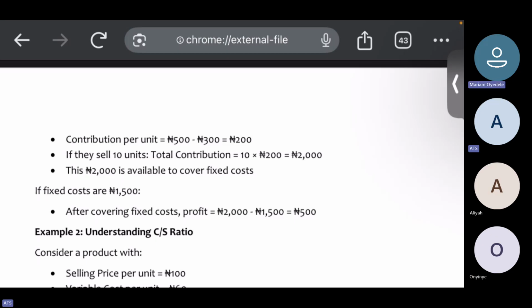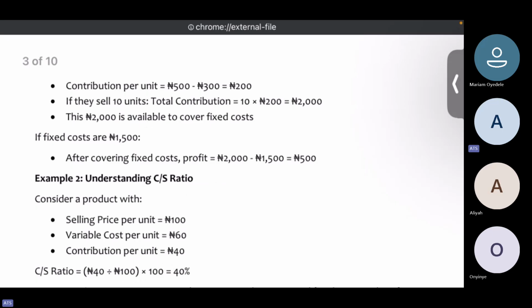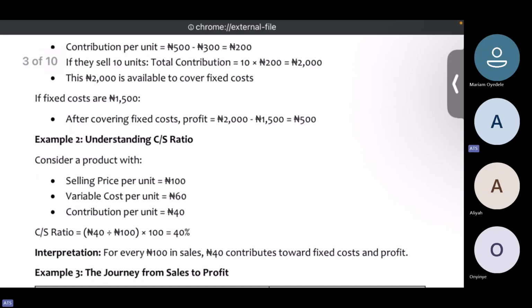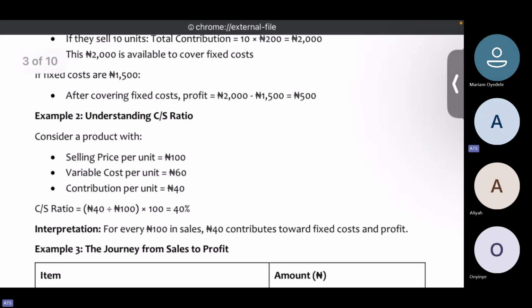Yes. All right. Okay. Now let's look at another example, using the contribution to sales ratio or contribution margin ratio. Here you consider a product whose selling price is 100 naira per unit, your variable cost is 60 naira per unit, and your contribution per unit is 40 naira, right?